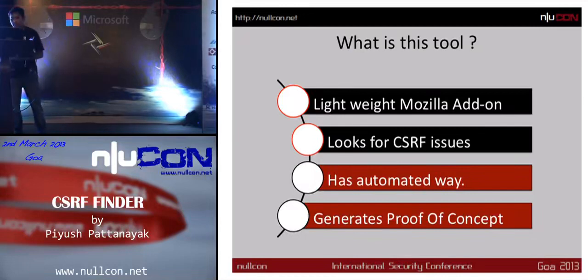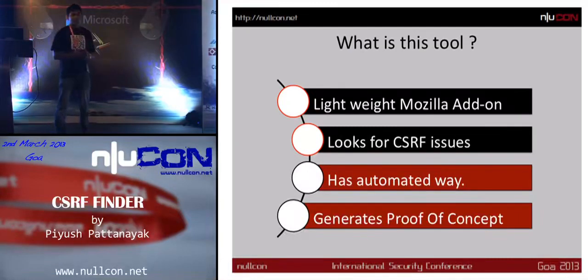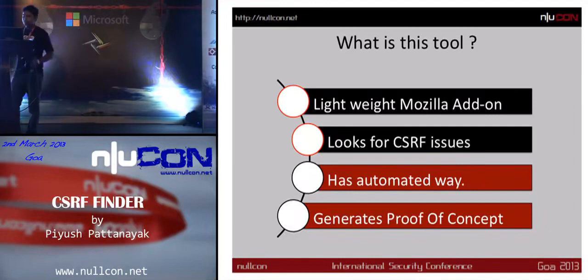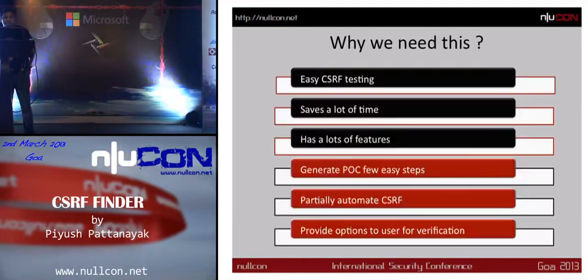It also generates a proof of concept file in 2 or 3 clicks, a beautiful proof of concept file without any coding. Why do we need this? It saves a lot of time. Easy testing, just a few clicks, and you just have to start the scan. It will look for vulnerabilities. Lots more things. Partially automated.